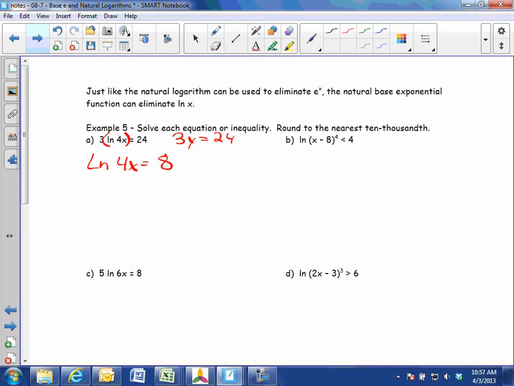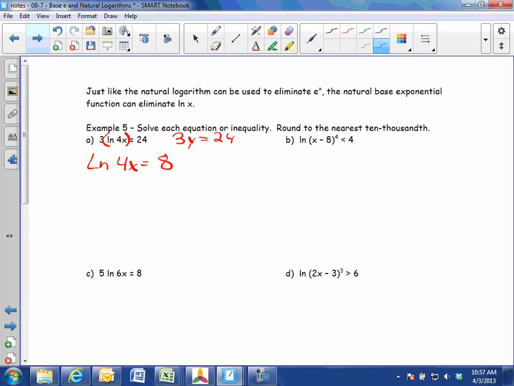Alright, so now once the natural log of whatever is by itself, then we're going to use e. When we're taking the e of both sides, you can't really just take the e; you're going to make these both exponents on an e.